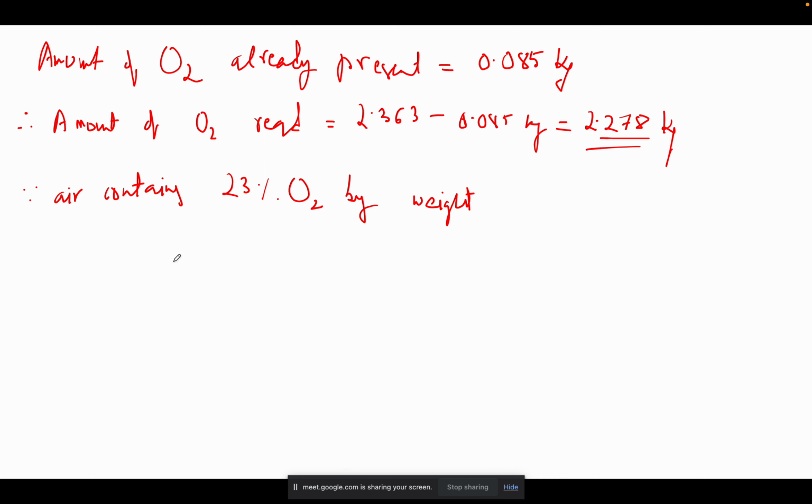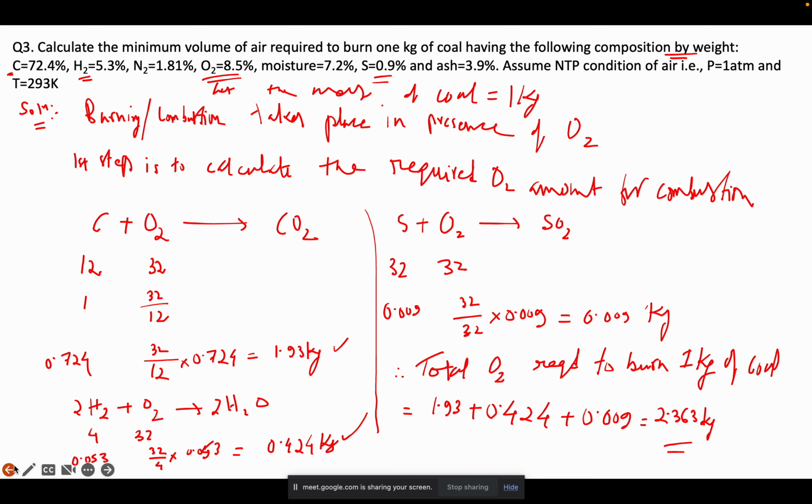Now this is 23% oxygen by weight, by mass. This means that 100 kg of air corresponds to 23 kg of oxygen. Now why did we do this? Because you are required to calculate the minimum volume of air.